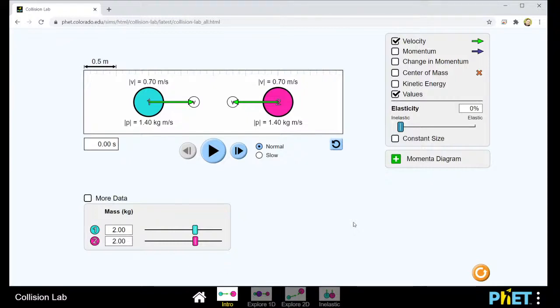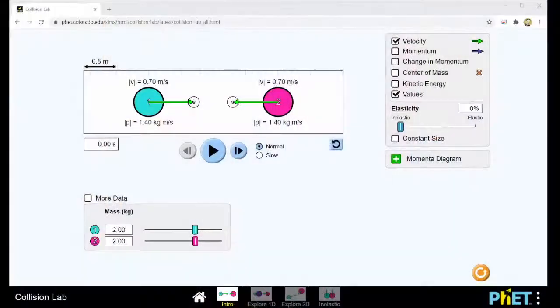Okay, so let me ask you a question. I want you to put your answer in the comments. What is the total momentum of the system at this point? The system is these two objects, these two balls, number 1, number 2, green and red, pink, whatever.